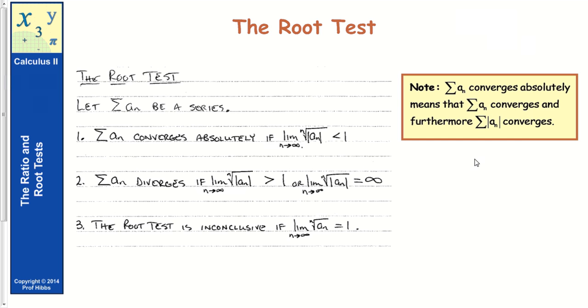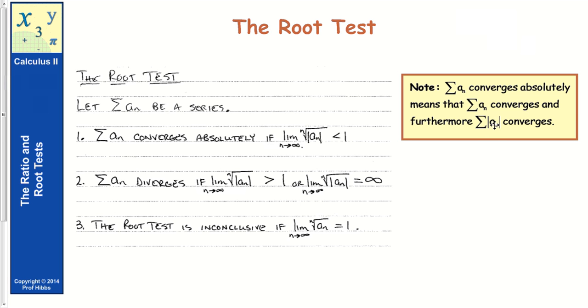Now let's remember that converges absolutely means that the series converges, and furthermore, the series of the absolute values of the terms also converges. Converges absolutely is stronger than just converges, because you can have some of your terms being negative, and adding up positives and negatives is certainly going to be smaller than adding up just positives.